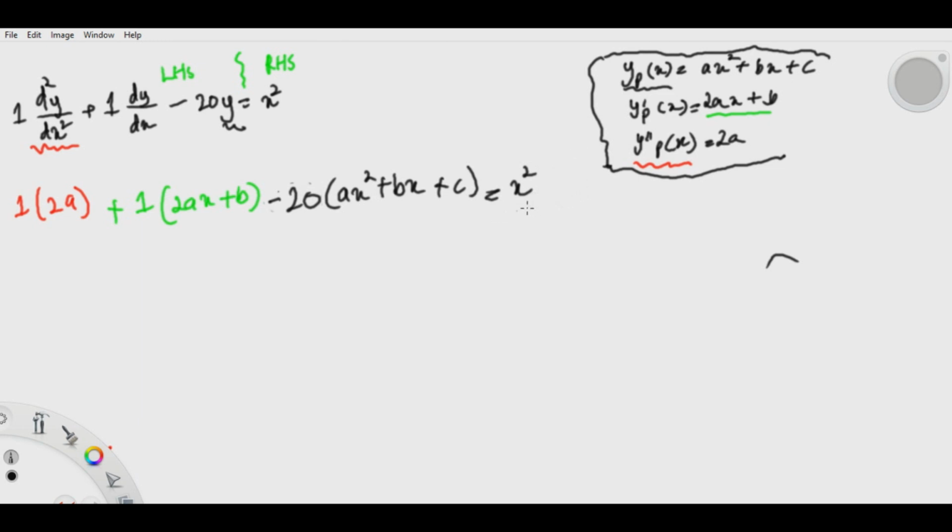So this right hand side has just x squared, meaning there is 0 x and 0 for c. Understandable? If you were given the right hand side as the number 6, for example, that means you have 0 x squared and 0 x. If you were given 6x, that means you have 0 x squared and 0 as c. This is complex math here, so you have to make sure you follow.